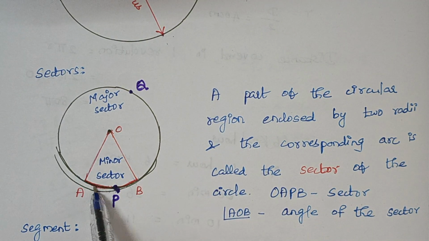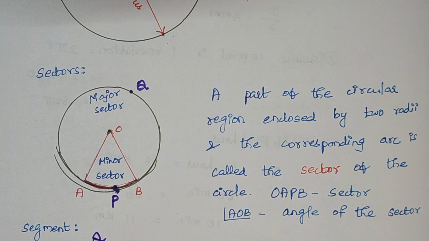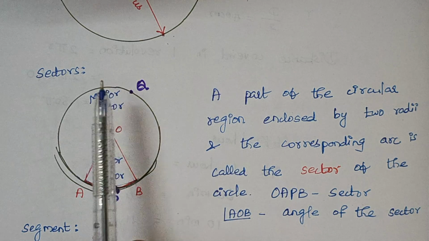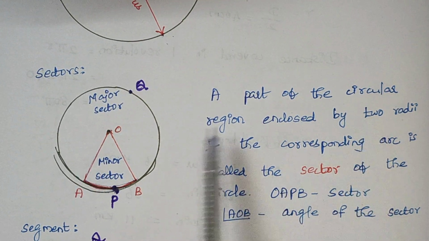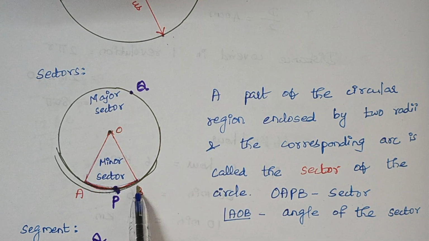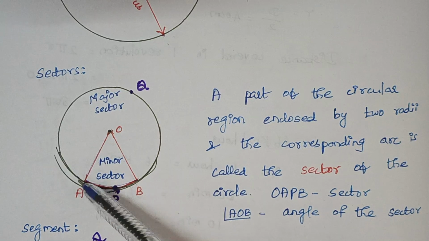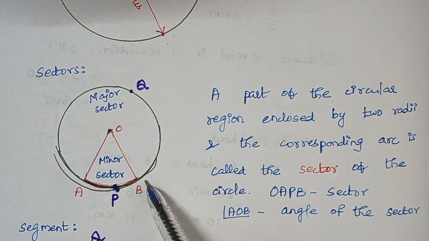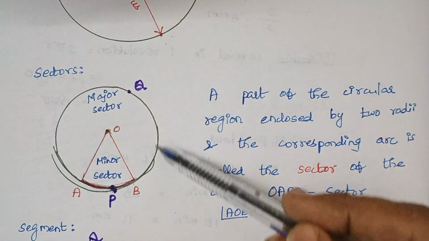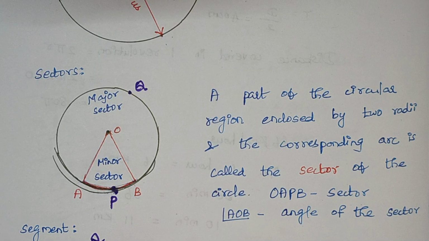That is the arc that exists between these 2 radius, right? So a sector is a part of the circle enclosed by 2 radii and the corresponding arc, right? Similarly, when you look at this major sector, again we have 2 radii and the enclosed arc, right? So they are known as sectors.